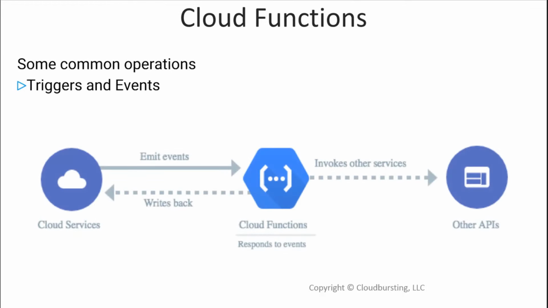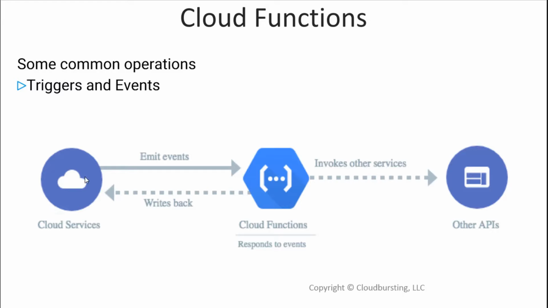So let's go ahead and take a quick look at how this works. From an application perspective, we're going to have our cloud services, our cloud functions, and then APIs. So for example, if we're using cloud storage, somebody drops something in a bucket and it picks up an object.